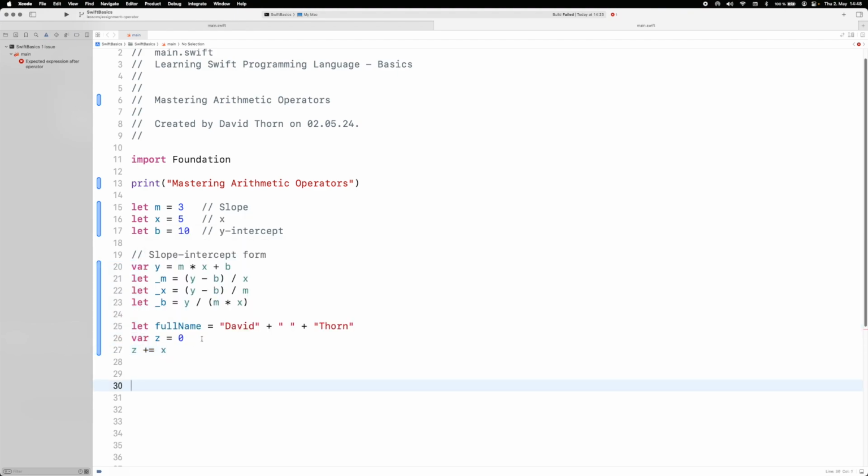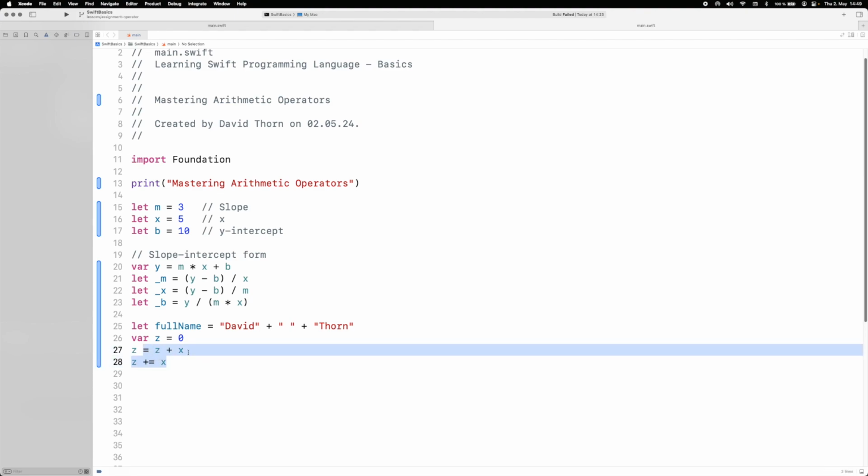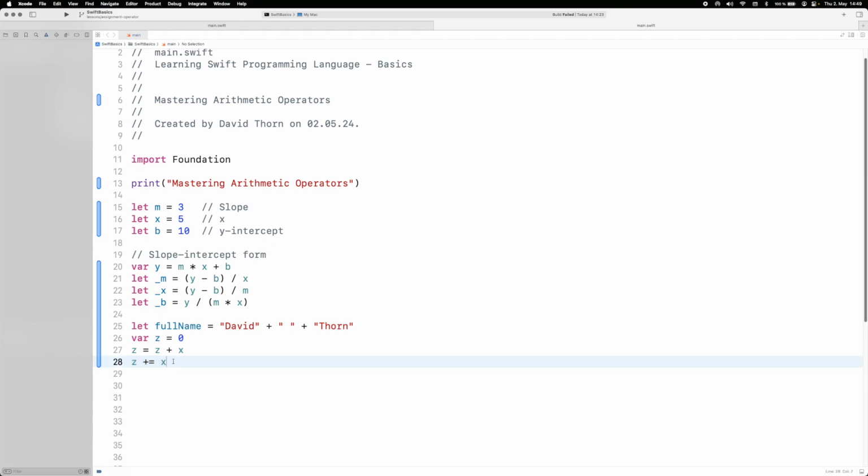That's basically saying that z is equal to z plus x. That's the same thing. This is kind of something else, but it's doing the same thing. It's using the assignment operator with arithmetic operators too, but it's a bit of a shorthand, which we'll talk about in other videos too.